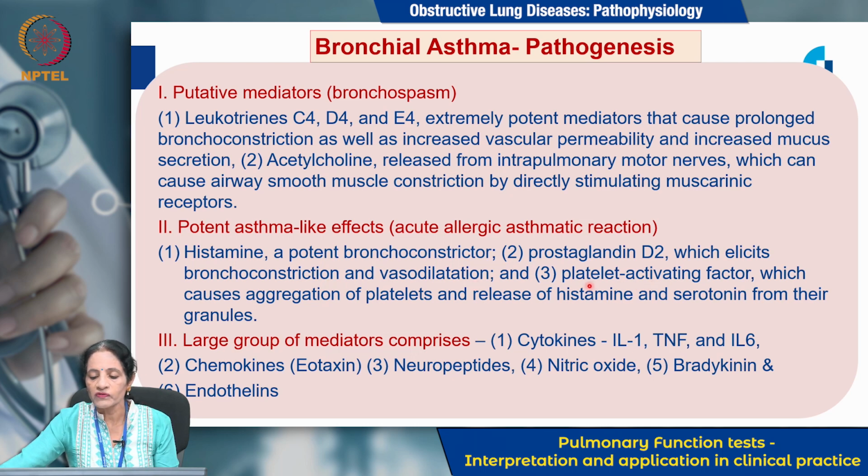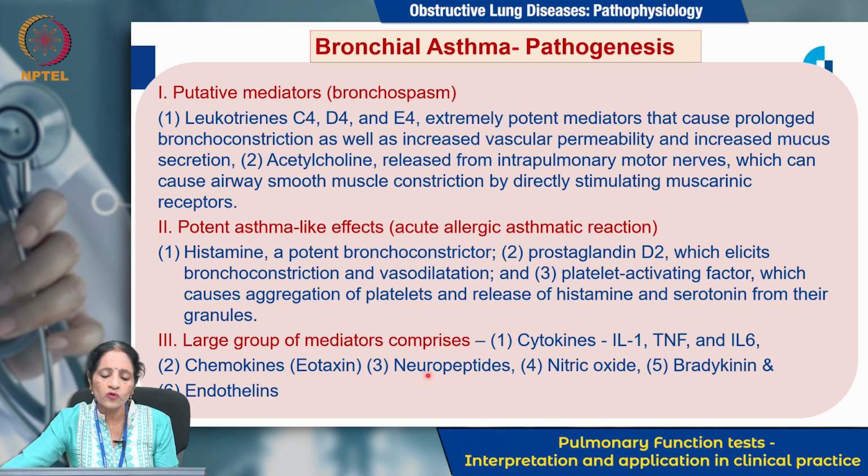And the third major factor is platelet activating factor, which causes aggregation of platelets and release of histamine and serotonin from their granules as well. So, again there is increased histamine production, which is a potent bronchoconstrictor. So, these are the second type of mediators which produce potent asthma-like or acute allergic asthmatic reactions.